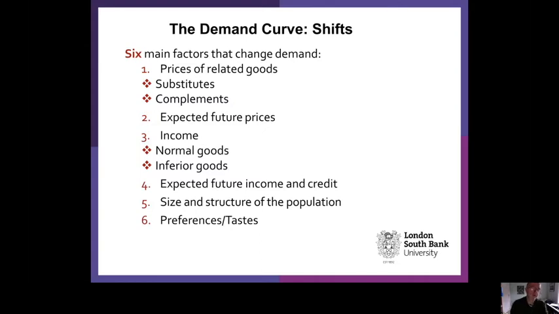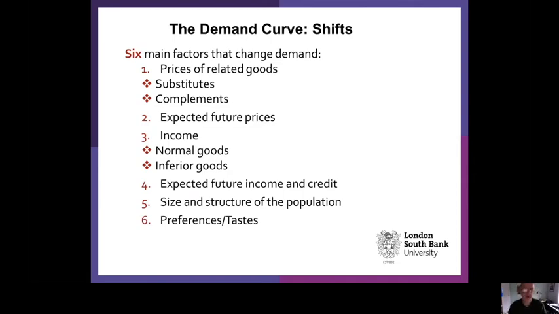So most things, that applies to most goods. So if income in the UK rises, probably the demand for, I know not during a pandemic, the demand for meals out, for dining out, is going to go up. It's a normal good. Or the demand for cinema tickets will go up.